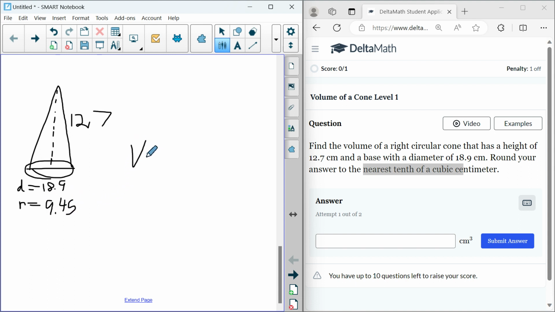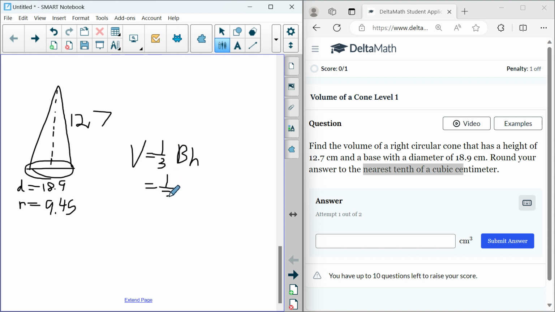Remember, your volume for a cone is 1/3 the area of the base times the height. You can find that on your reference sheet. And you're going to need to find the area of the base, the area of the circle. We'll do that.